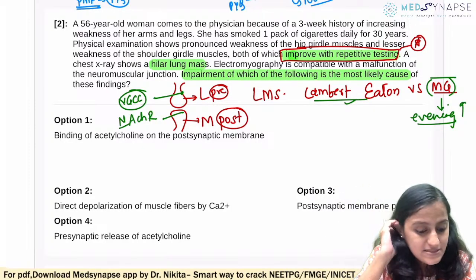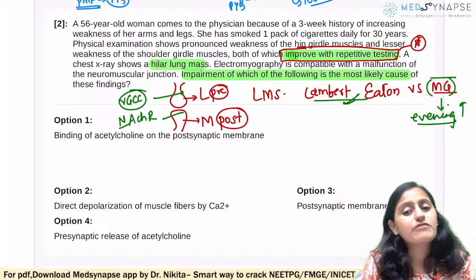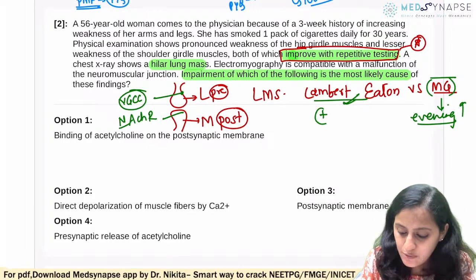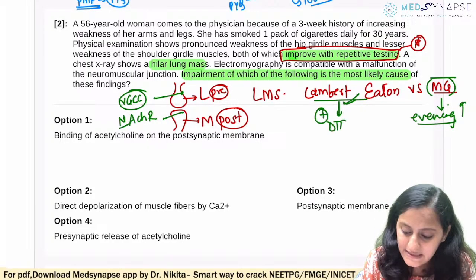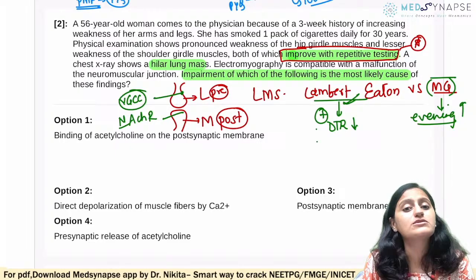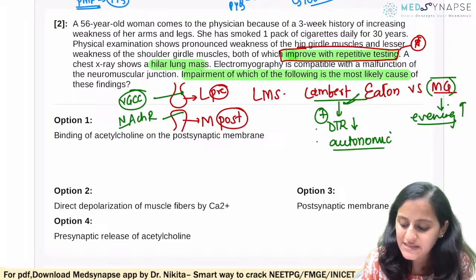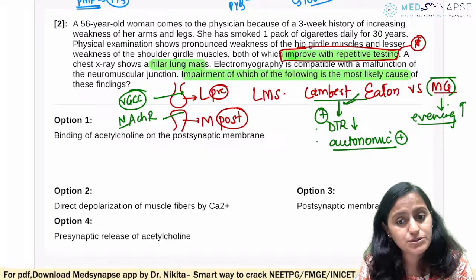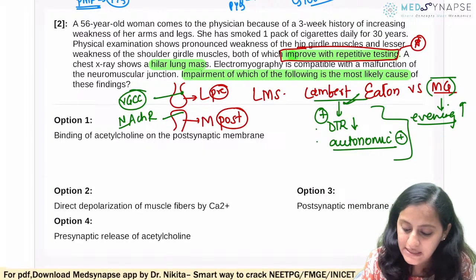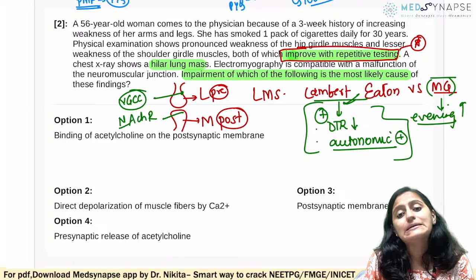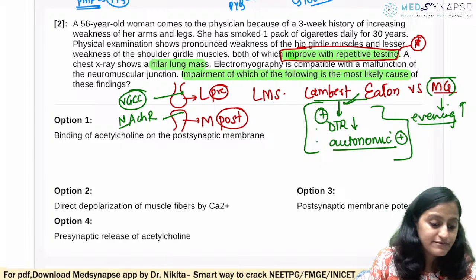Lambert-Eaton is more of proximal limb muscles. Plus, in Lambert-Eaton the deep tendon reflexes are depressed, and there are autonomic symptoms like dry mouth. This is the difference between Lambert-Eaton and myasthenia gravis that you should definitely remember.